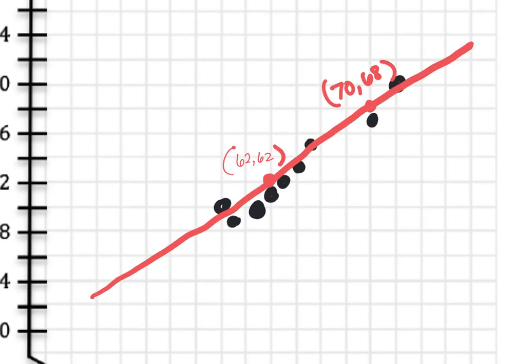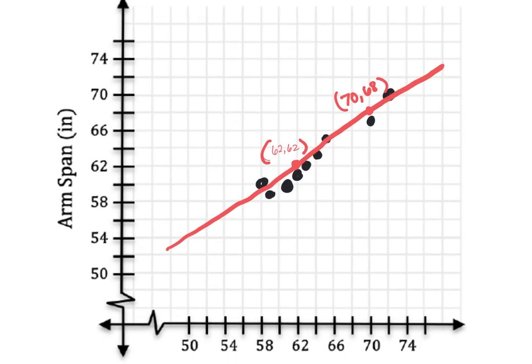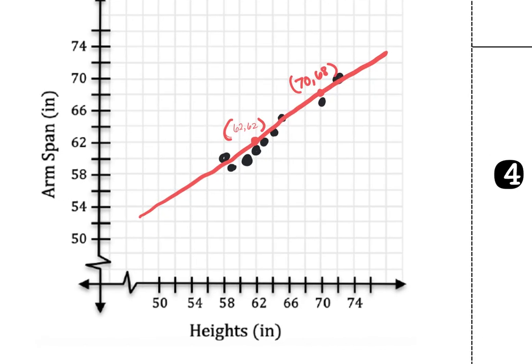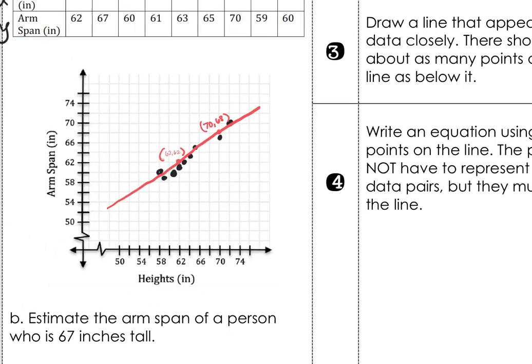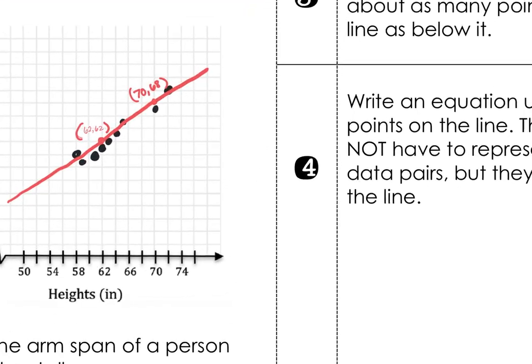So you'll notice I'm choosing 2 points that didn't actually come from the data, but they're on my trend line because I'm writing the equation of the line. And then once you've picked those 2 points, now we're doing everything we did in 4.5, 4.6. We're going to find the slope of the line that we picked.